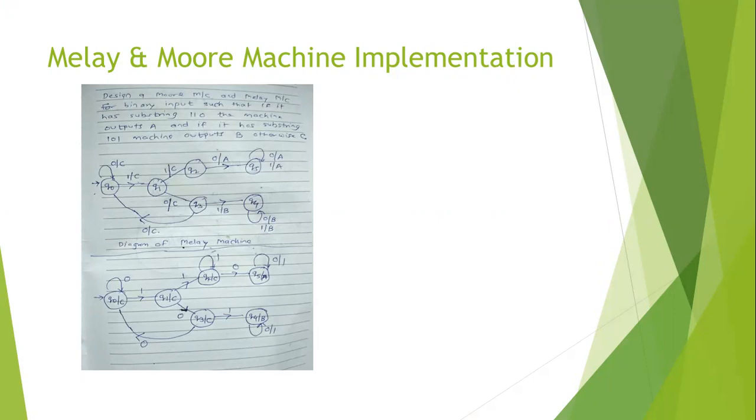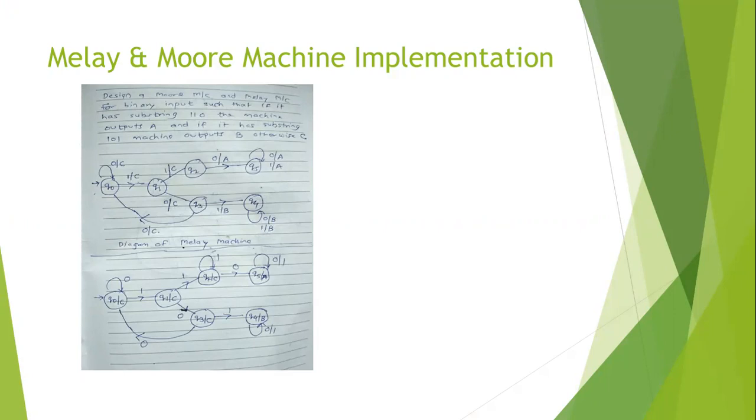After that, whatever I'm getting, 0 or 1, I'm accepting all of that as B, because whatever strings come after the substring are also acceptable. Now the self loop 0/C is again the same for this. Now why is there a transition from Q3 to Q0 with 0/C?